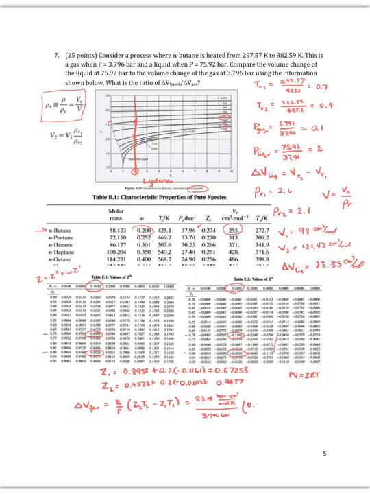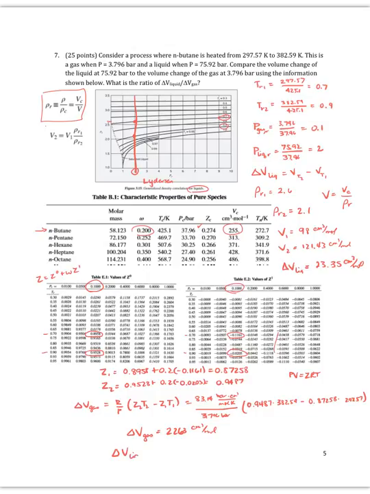Z2 is 0.9487 times T2. Now I want T, not the reduced T, 382.59, minus Z1, 0.87258 times T1, which is 297.57, and delta V for my gas looks like it's 2263 cubic centimeters per mole.